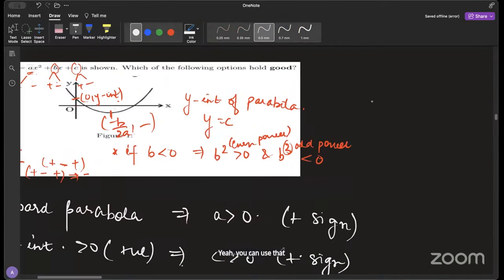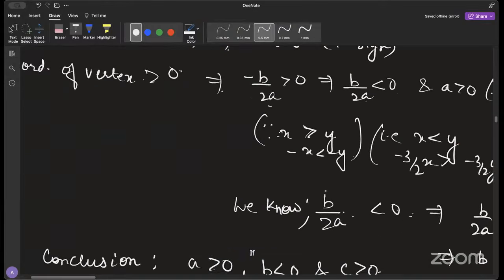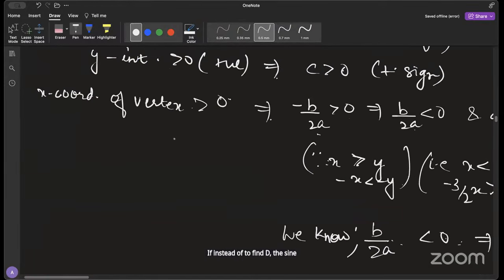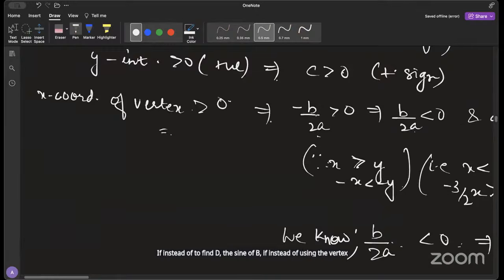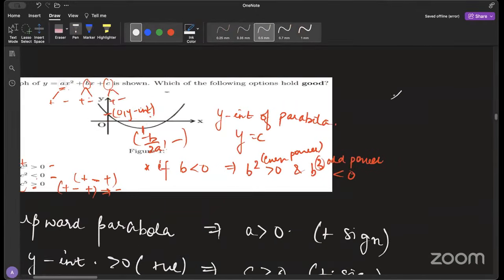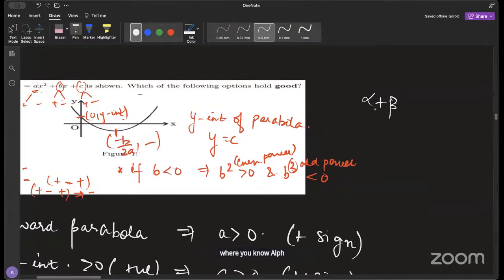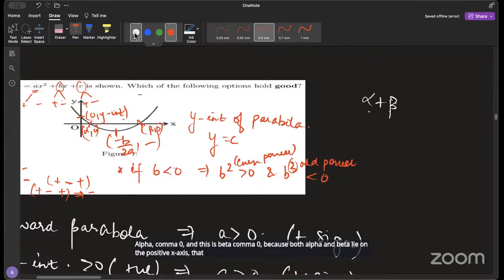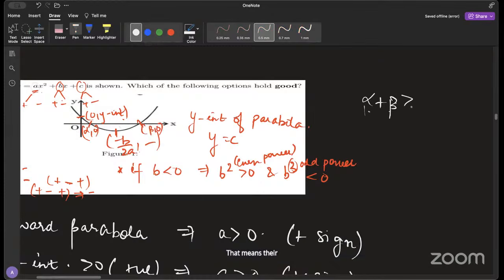Yeah, if instead of using the vertex to find the sign of B, you want to use this alpha plus beta approach, where alpha and beta are the roots, you can see from the graph that both the roots, this is alpha comma 0 and this is beta comma 0, lie on the positive x-axis. That means they're both positive. That means the sum is going to be greater than 0.